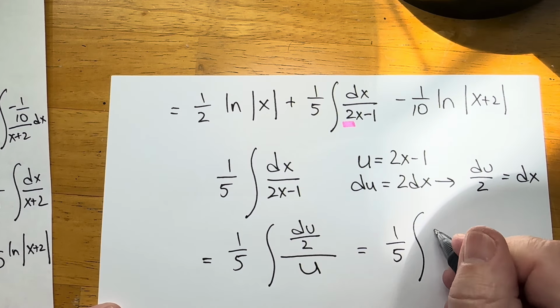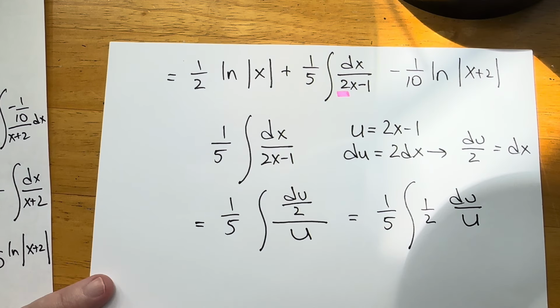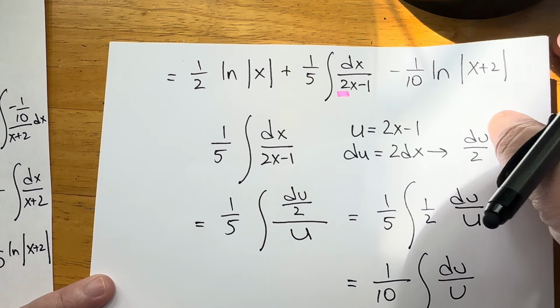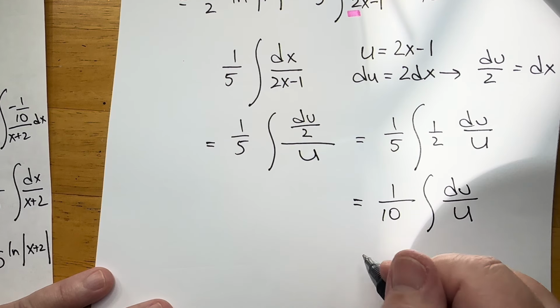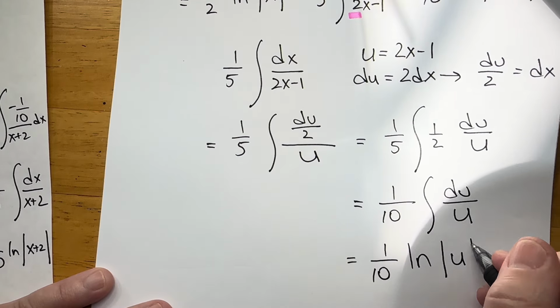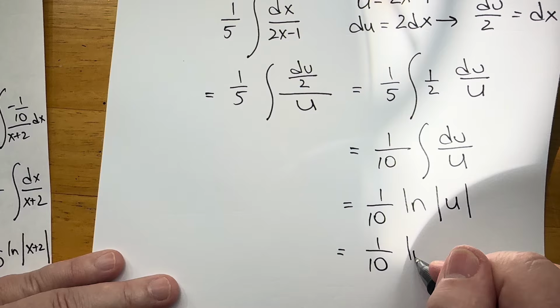Let me pull out that 1/2 du over u. So it ends up being 1/10 du over u, which is equal to 1/10 times the natural log of u, which is just 1/10 times the natural log.